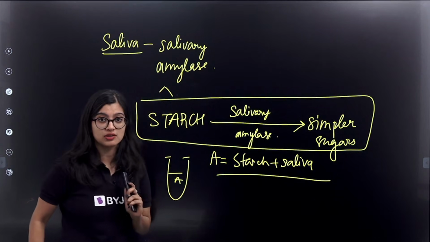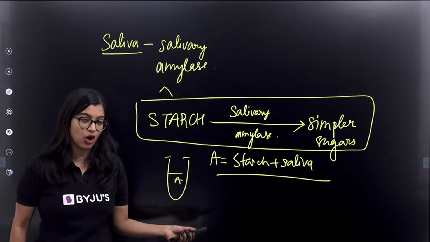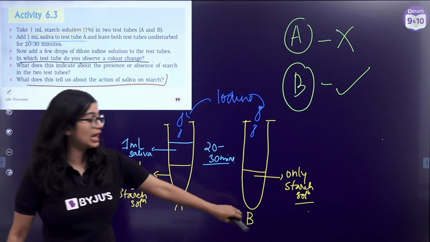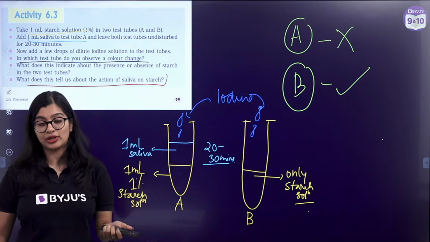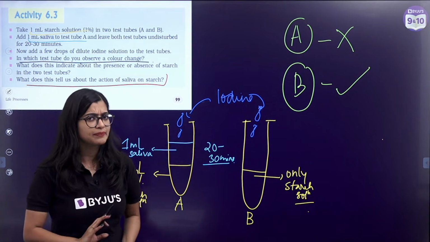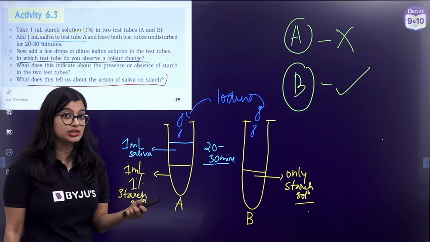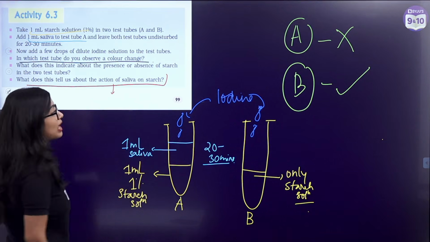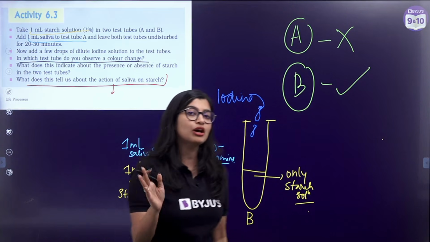We have simpler sugars, which means if I add iodine, am I going to get a result? Absolutely not. But test tube B has only starch solution, so it will turn positive for the iodine test, or the starch test. So what can we say on the action of saliva on starch? Saliva acts on starch and digests it, breaking it down into simpler sugars.